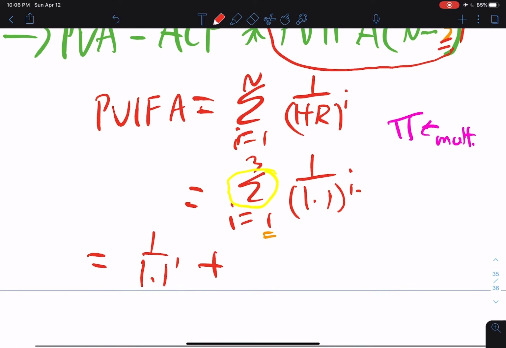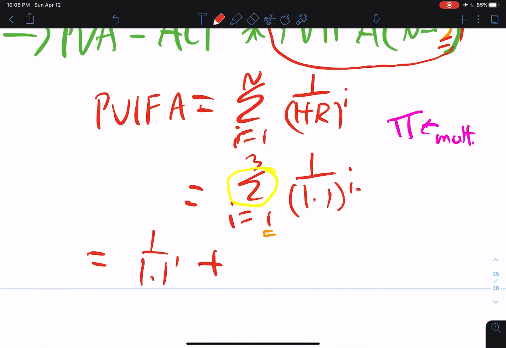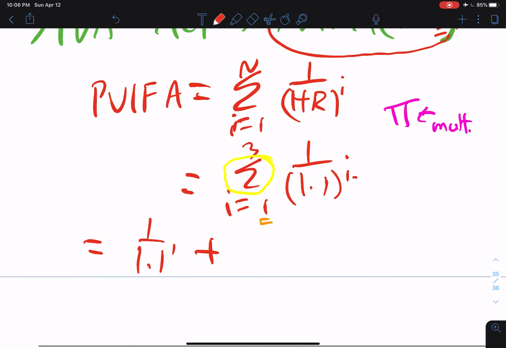Okay, so back to this. We've got 1 over 1.1 to the first power. Now the default step size is 1, so I now becomes 2 because we finished the first term, ready for the next term. I was 1, now it's 2, so I only appears right there, so it's 1 over 1.1 squared. We're done. Add the next term, now I is 3. Oh, this is our final term, so 1 over 1.1 cubed.